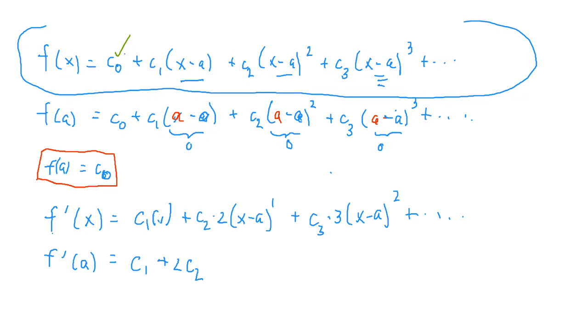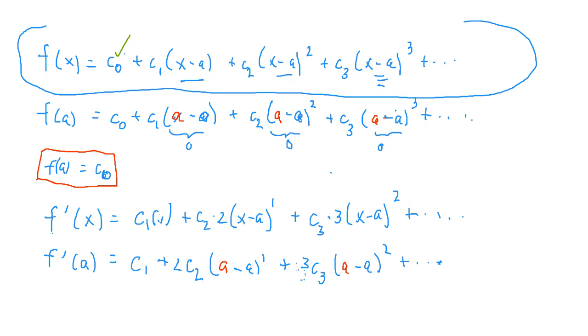This is 2c2 times a minus a, this is 3c3 times a minus a squared, and we can keep going.